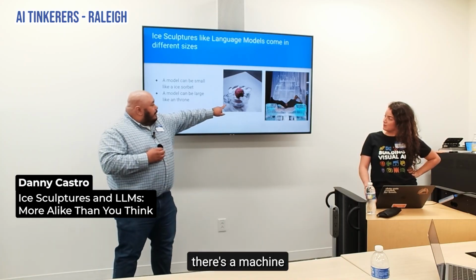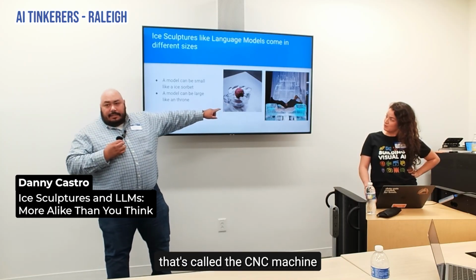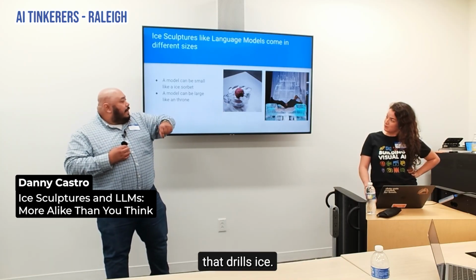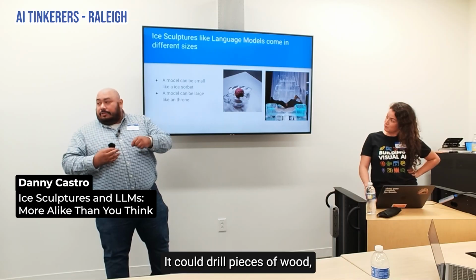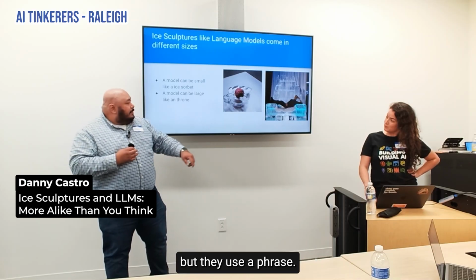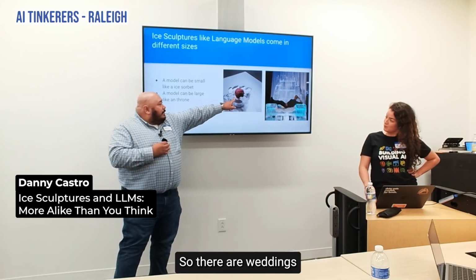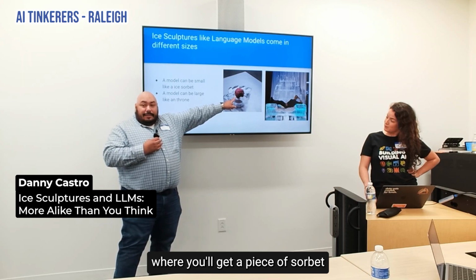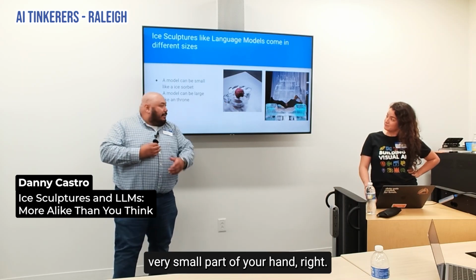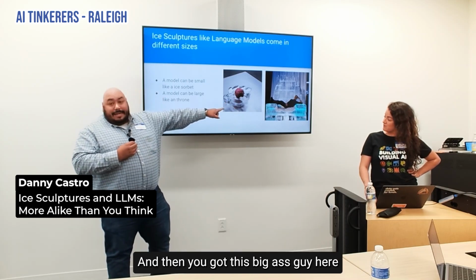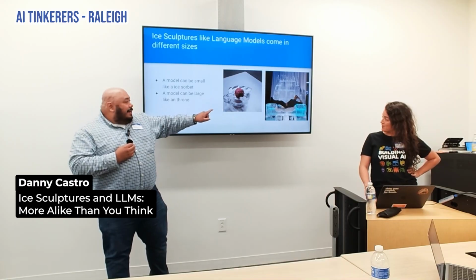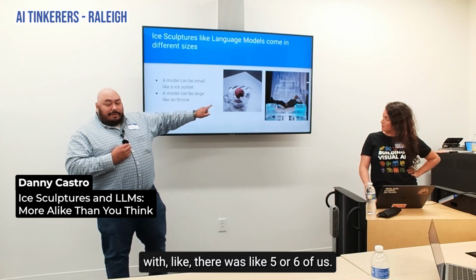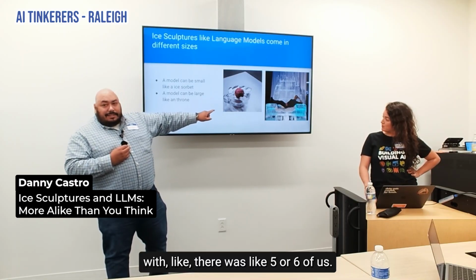Believe it or not, there's a machine that's called a CNC machine that drills ice. It could drill pieces of wood, but they use it for ice. So there are weddings where you'll get a piece of sorbet on an ice sculpture, very small, the palm of your hand, right? And then you got this big guy here. I've had to carry those with like 5 or 6 of us.